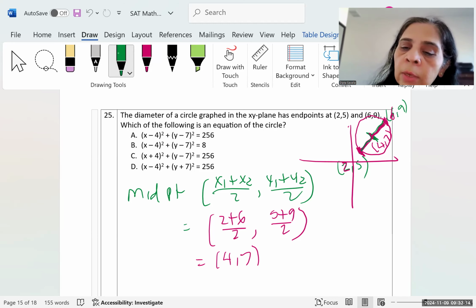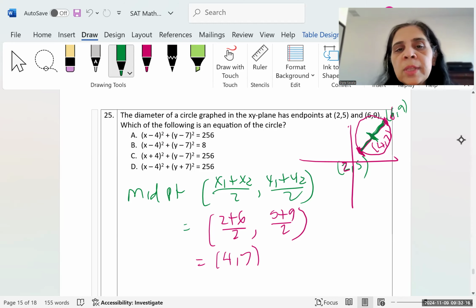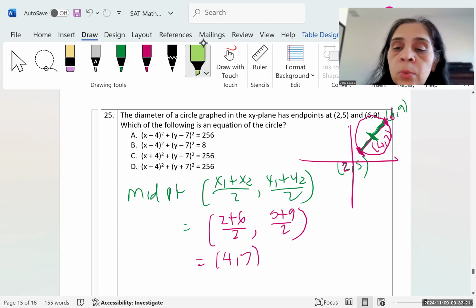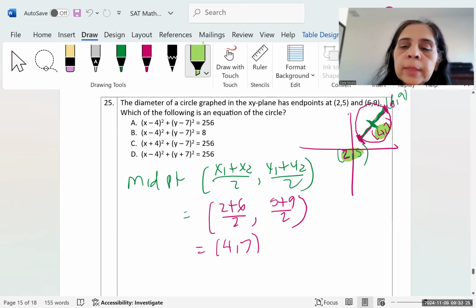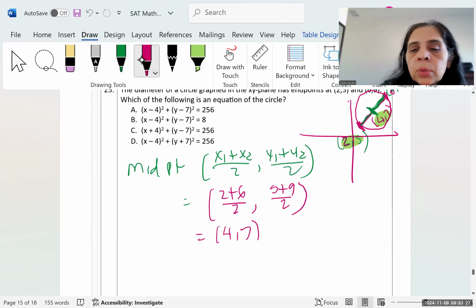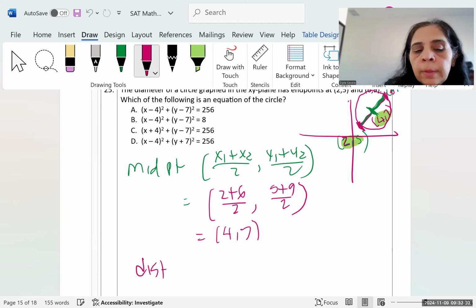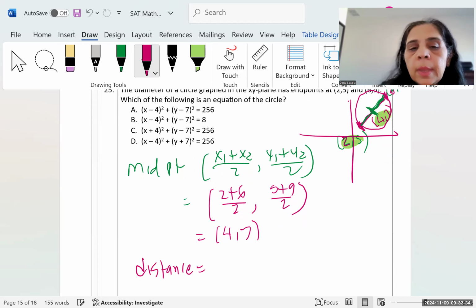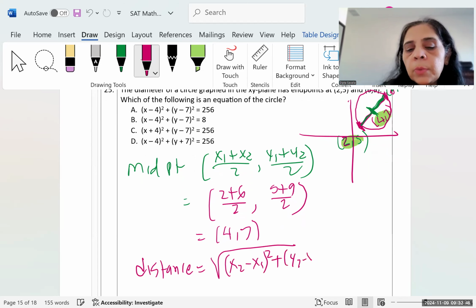Now we can find the distance. You can choose any two points. Whenever we have a choice, I will always choose the smaller numbers so it's easy to calculate, right? So 4, 7 and 2, 5. The distance formula is the square root of (x2 minus x1) squared plus (y2 minus y1) squared.